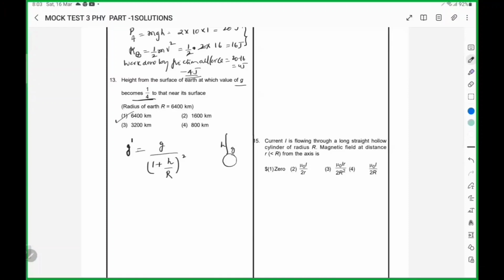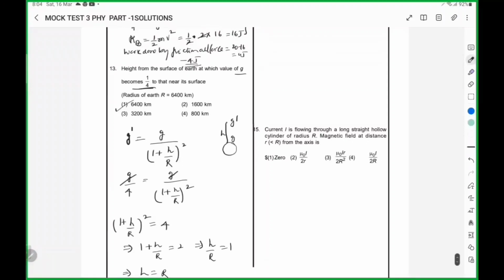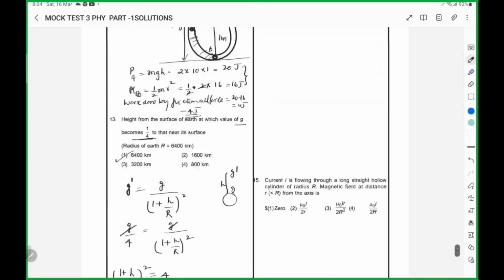At a height h, acceleration due to gravity is g by 4, so g by (1 plus h by r) whole square. We get (1 plus h by r) whole square is 4. From here, 1 plus h by r is 2, so h by r is 1. So at a distance equal to the radius of earth from the surface, the acceleration due to gravity is 1/4.